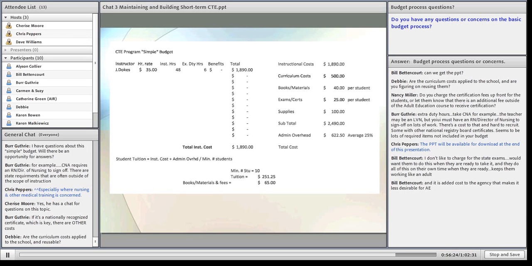And again, that falls under administrative overhead. Programs such as that can have a higher administrative cost. We don't like to charge for state exams. We want them to take them. That's a decision that the program makes.